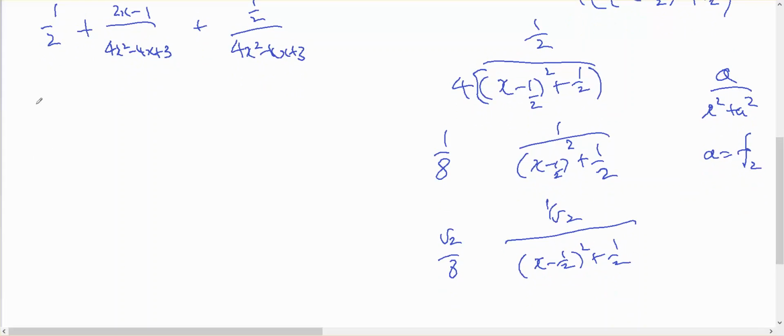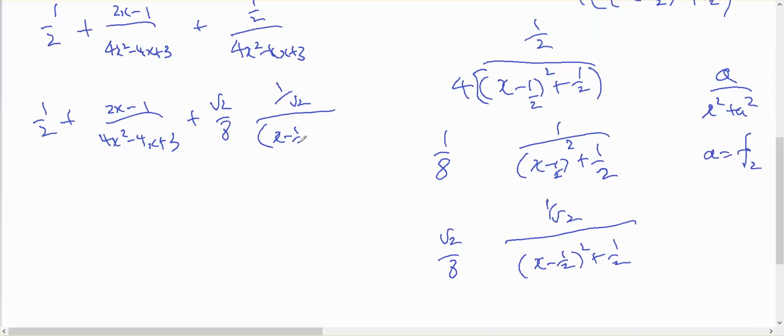So I've got 1/2 plus 2x minus 1 on top of 4x squared minus 4x plus 3 plus root 2 on 8, 1 on root 2 on top of x minus 1/2 squared plus 1/2.